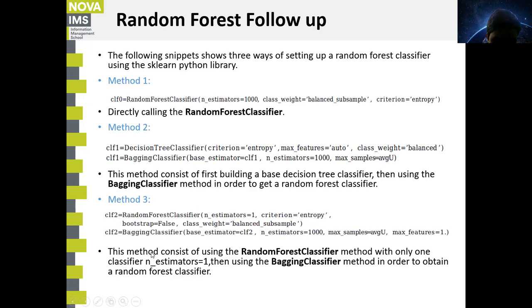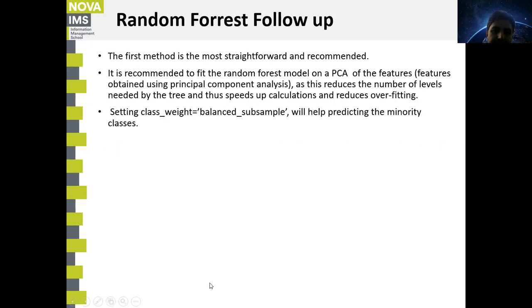The third method consists of using the random forest classifier with only one classifier. You can see here the number of estimators equals 1. Then using the bagging classifier method in order to obtain a random forest classifier. So to me, the first method is the most straightforward and recommended.